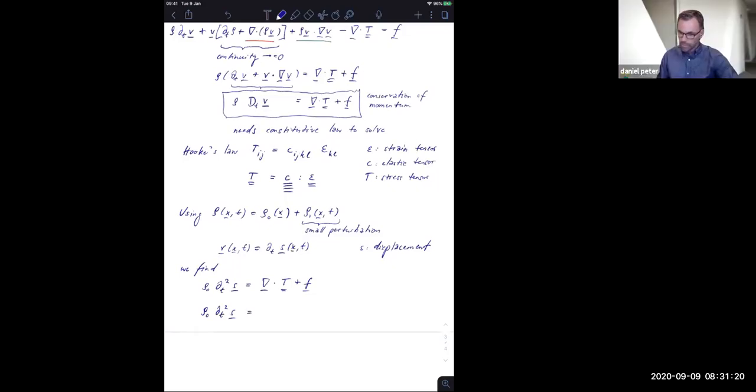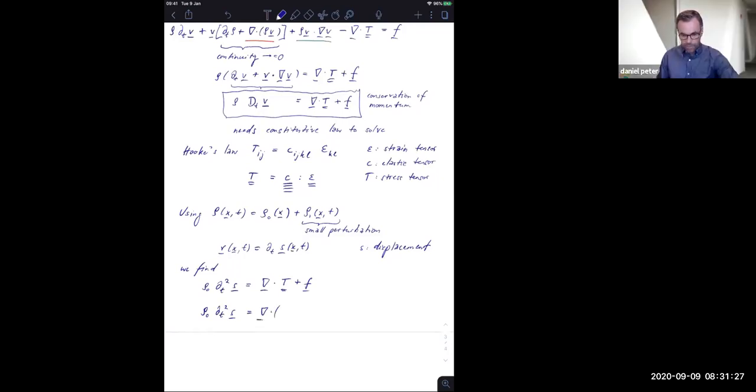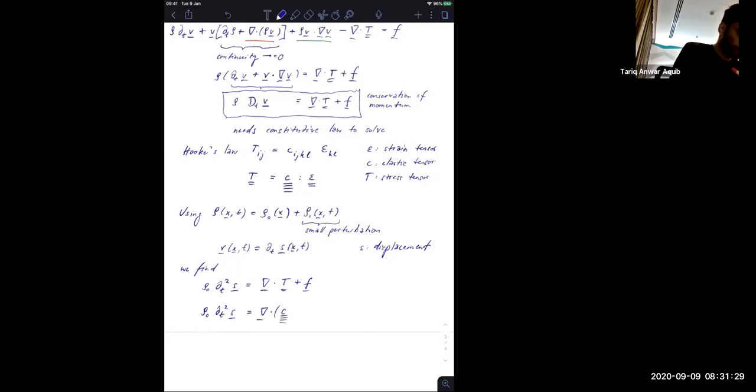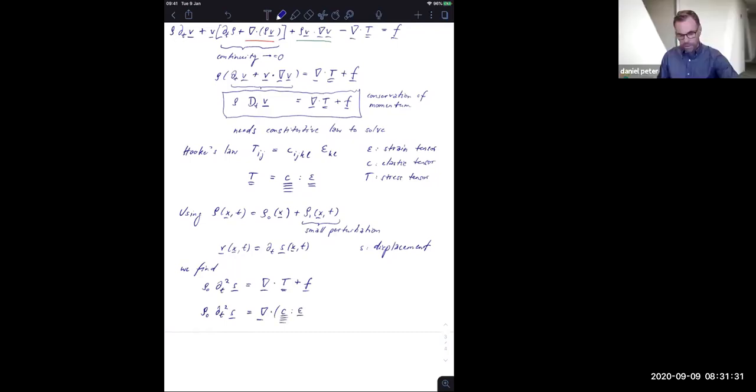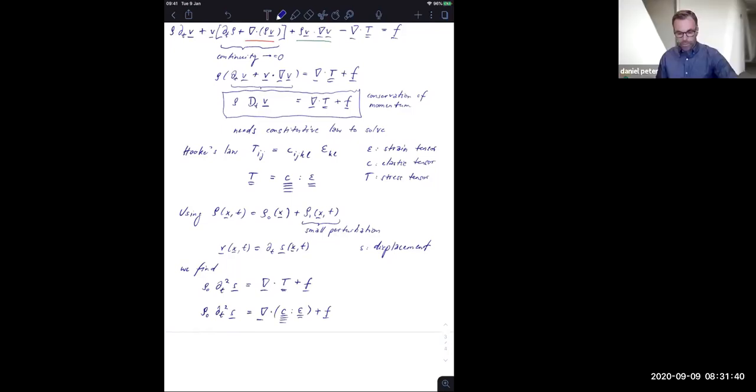So again, we have rho 0 times the second time derivative of displacement, now equal to the divergence of the elastic tensor dotted with strain, plus f. Good.